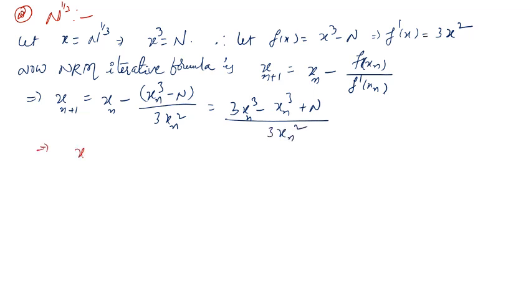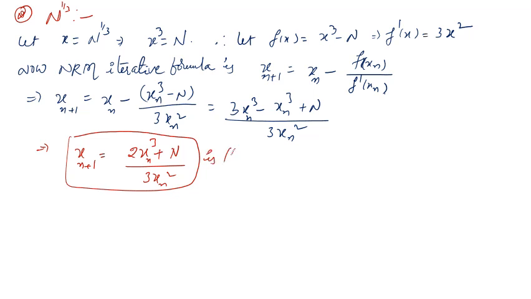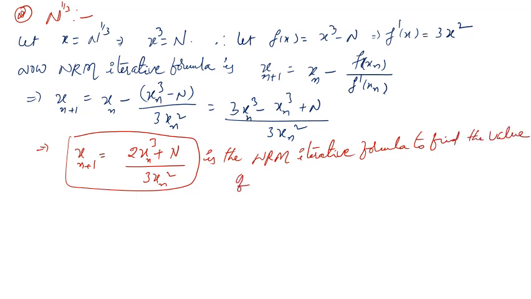Therefore, xn plus 1 equal to 2xn cube plus n by 3xn square is the NRM iterative formula to find the value of n power 1 by 3.